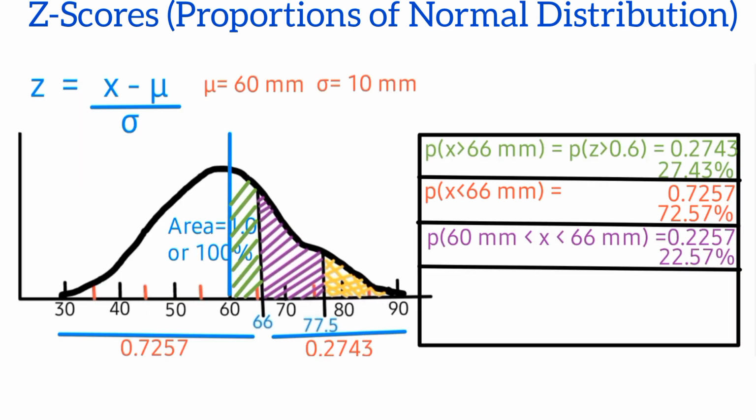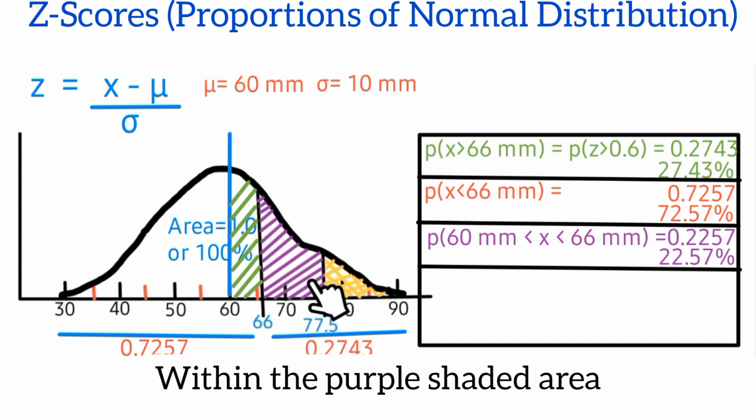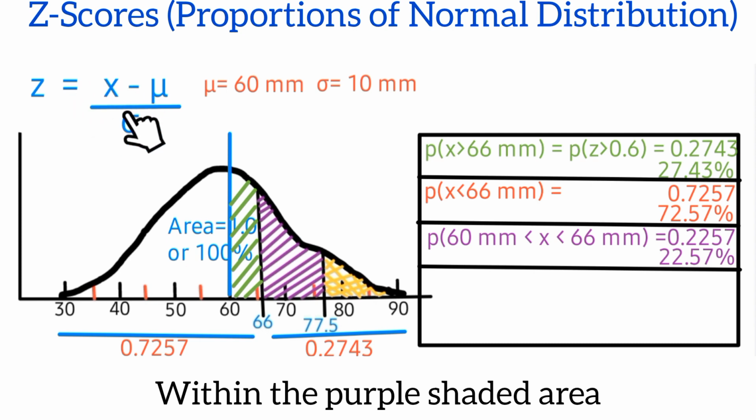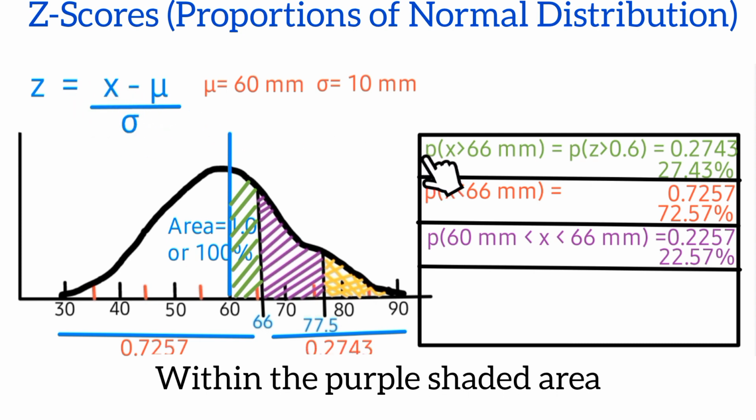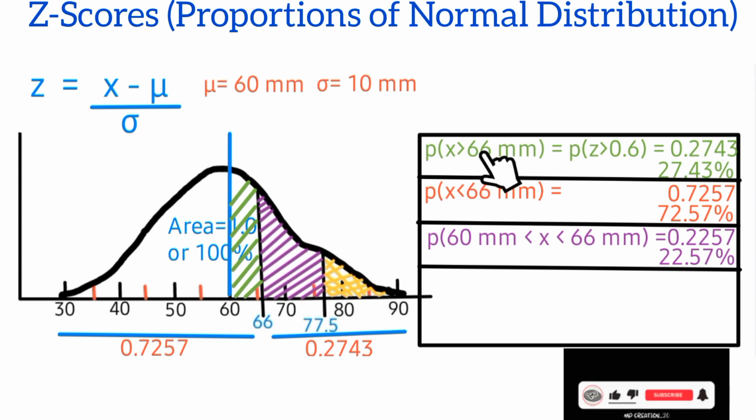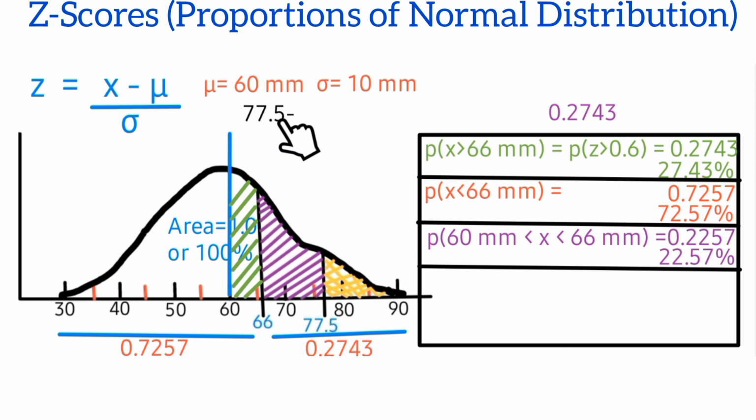Next is the probability of selecting at random a bone measuring between 66 millimeters and 77.5 millimeters. So we are looking at the proportion that lies between 66 and 77.5 millimeters within this area. Using the z-score formula, remember the probability or the proportion that X is greater than 66 millimeters gave this value. Let's also use the z-score formula to find the probability that X is 77.5 millimeters. The X value, 77.5, minus the mean value and then divided by the standard deviation value gives 1.75.